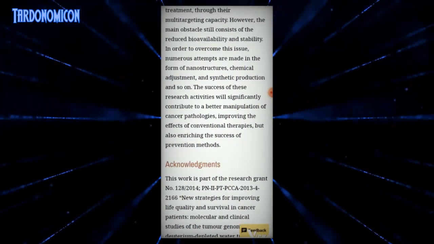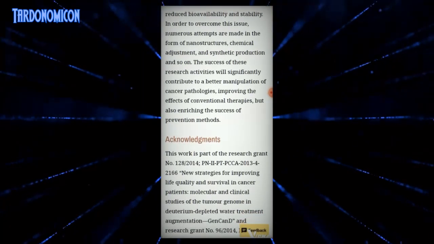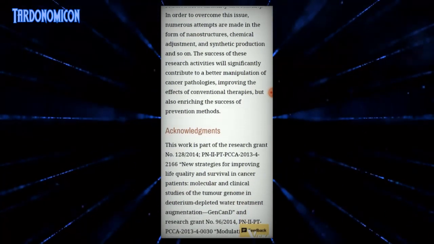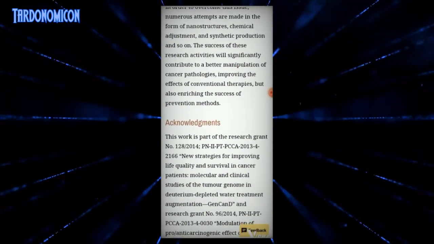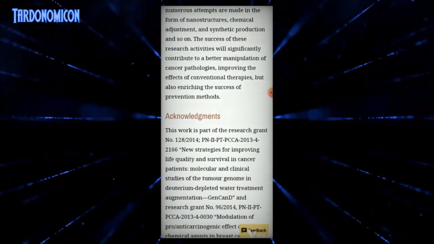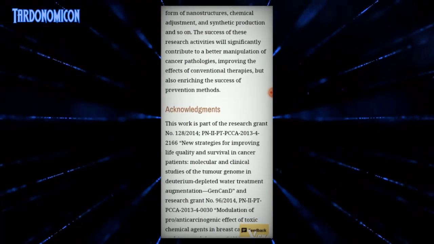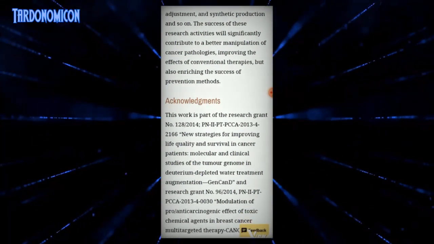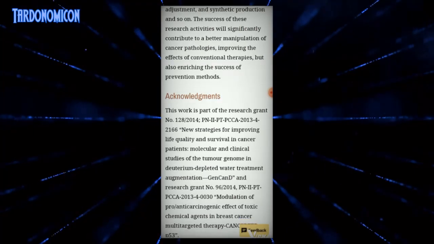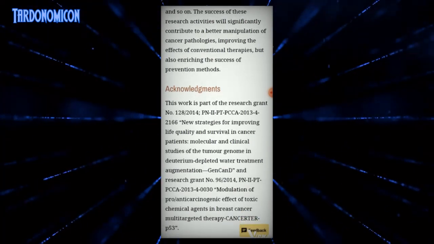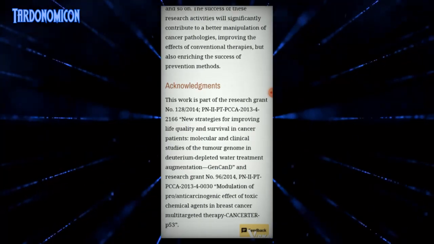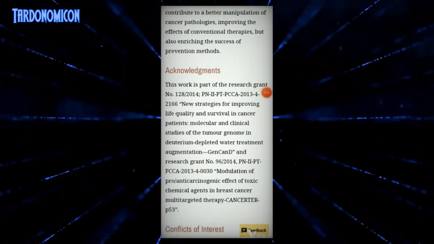In order to overcome this issue, numerous attempts are made in the form of nanostructures, chemical adjustment, and synthetic production, and so on. The success of these research activities will significantly contribute to better manipulation of cancer pathologies, improving the effects of conventional therapies, but also enriching the success of prevention methods.